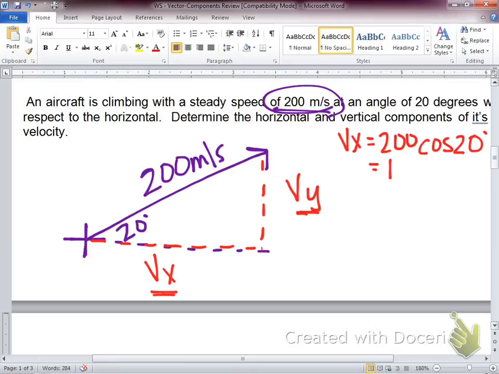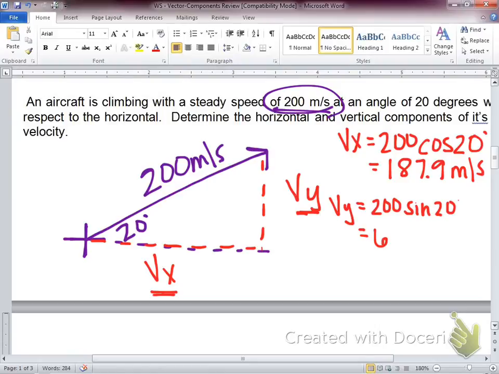And I got about 187.9 here. Yeah? Okay. Meters per second. And then v sub y, we take our hypotenuse times sine of 20 degrees. And I get about 68.4 meters per second.